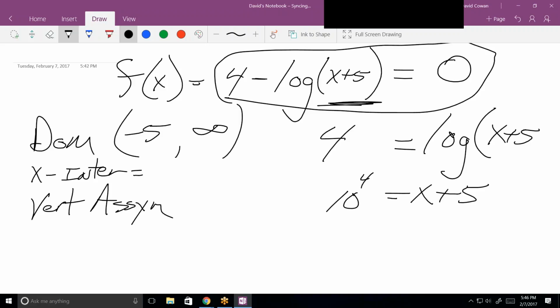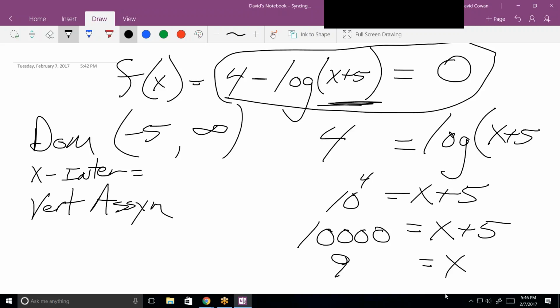Well, 10 to the 4th is 1 with 4 zeros equals x plus 5, which means x equals 9,995. Yeah, just subtracting 5 from both sides. So the x-intercept is 9995.